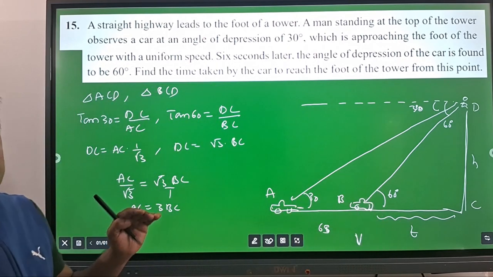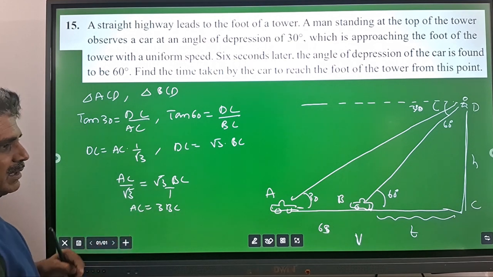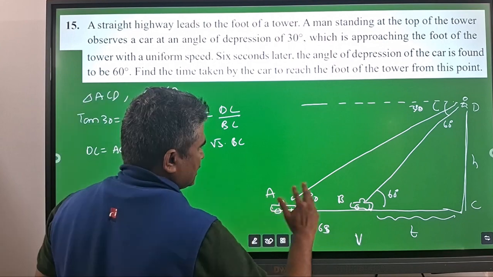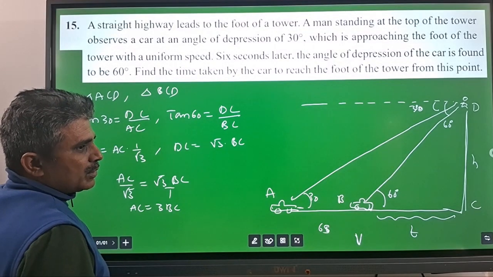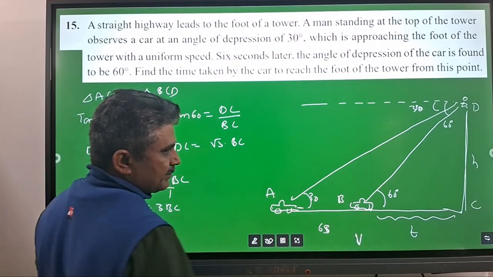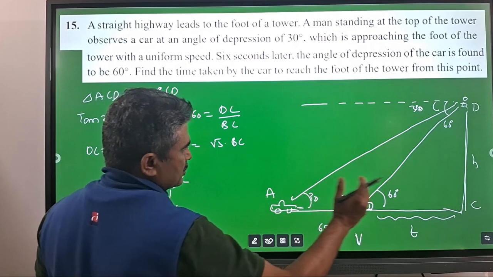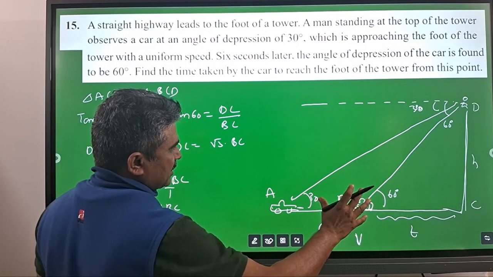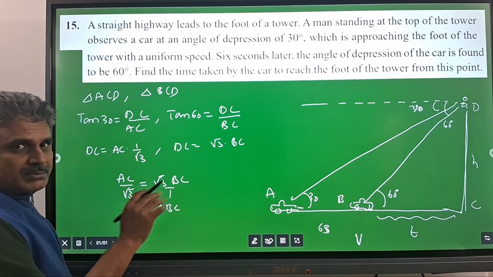It is given that the car is moving with uniform speed. Then the time taken to travel from A to C will be 3 times the time of traveling from B to C. So the time required to travel from B to C is 1/3 of the time required from A to C, because it is moving with uniform speed.